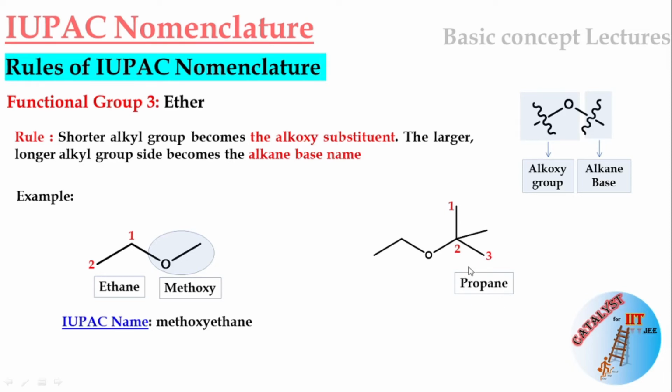So 1, 2 and 3 will be termed propane, while this will be your ethoxy, as eth means the number of carbons is equal to 2, and with oxygen it will be termed ethoxy. So the IUPAC name will be 2-ethoxy, as in this parent chain at the second position this ethoxy group is present, and on the second position itself this methyl substituent is also present.